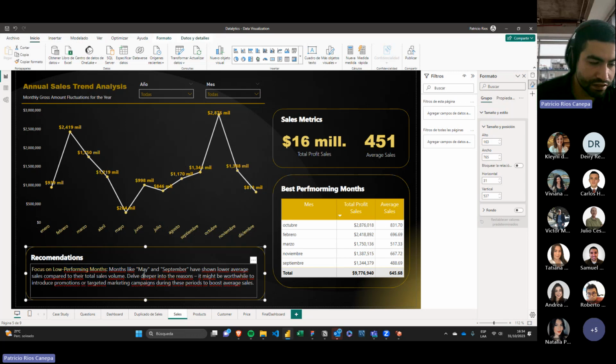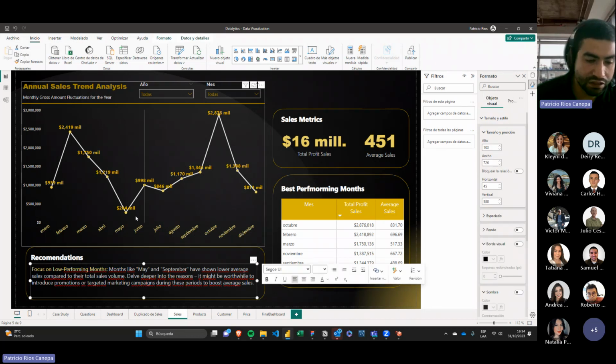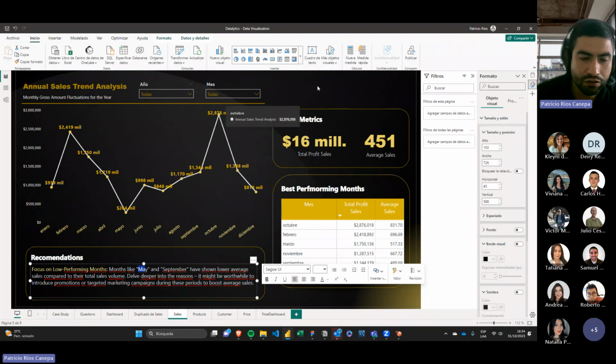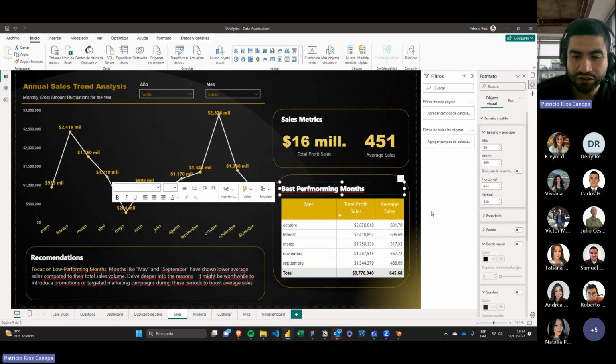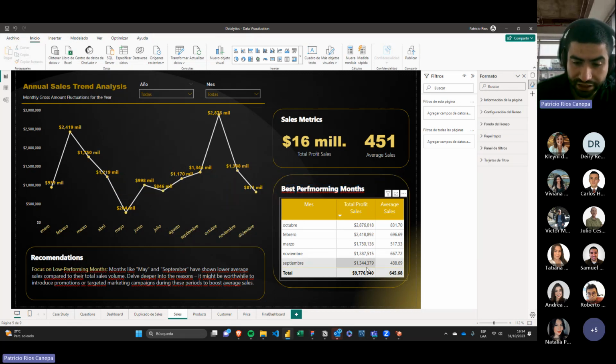Here you can see some sort of recommendations, that there have been spikes lower and upward between the months of May and September. So that is maybe a seasonal thing for the sales that we want to discuss with our key stakeholder. We also would like to show our best performing months according to the total profits and sales and also the average sales.